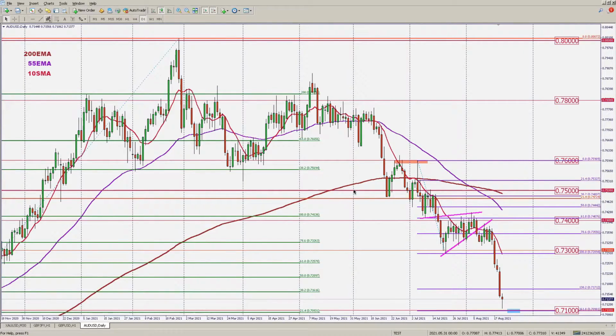So before we find the extension, notice also there was some trend line that we can actually draw here to show the support where it could not break below the neckline. And above that, there's also a lower high.